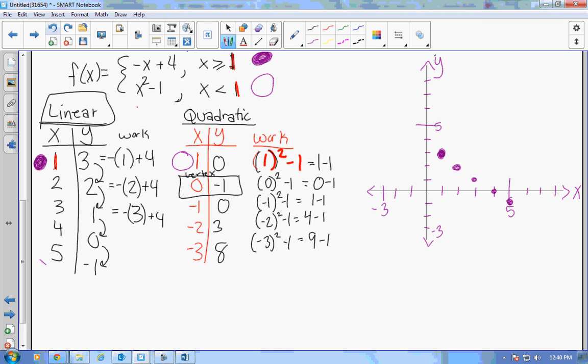Is that looking linear as we predicted it to be? Yeah. But this point on the far left is an endpoint. So from that endpoint extends a ray. A ray has a starting point and then an arrow that goes on forever.